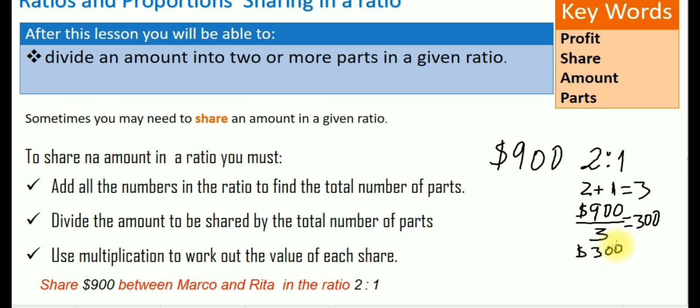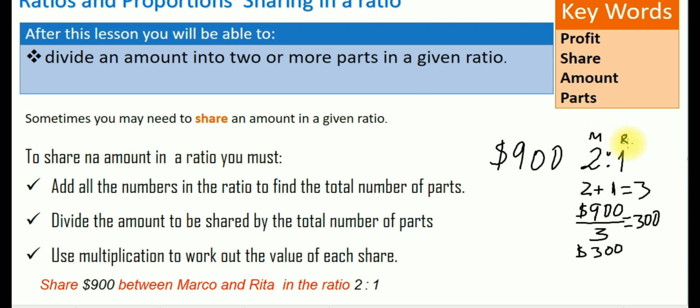Now we want to use multiplication to work out the value of each share. Remember, the first number represents the first name, and which is the first name here? The first name is Marco, then Rita, and the first number is 2, then 1, which means Marco receives 2 and Rita just receives 1.